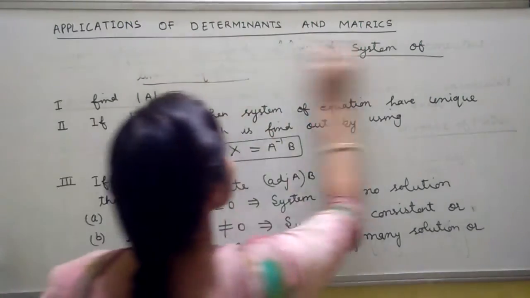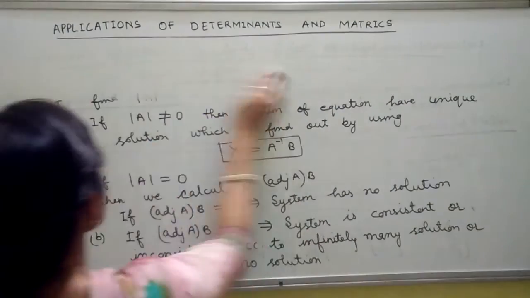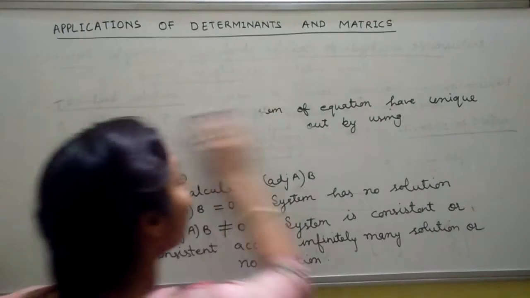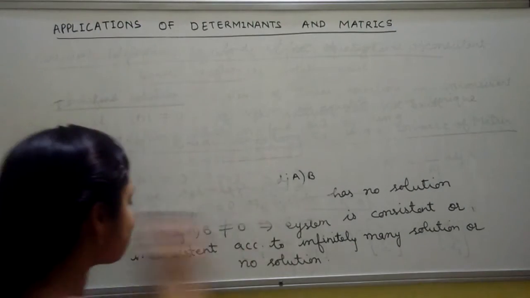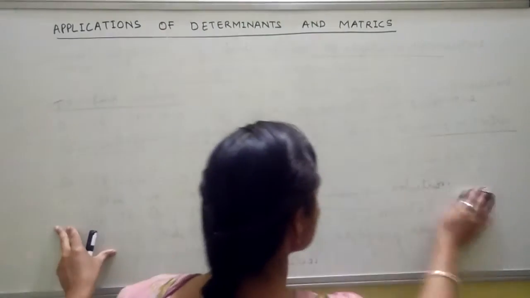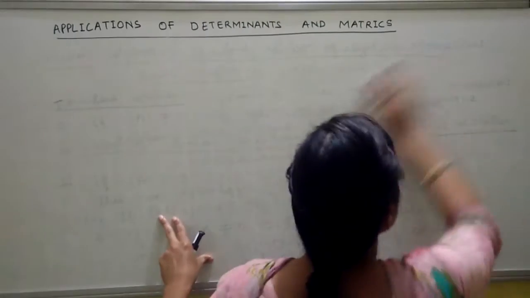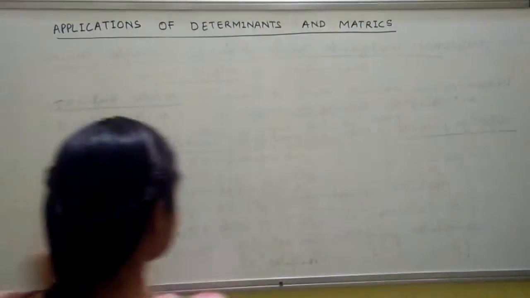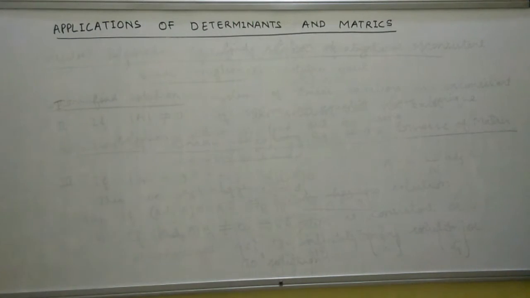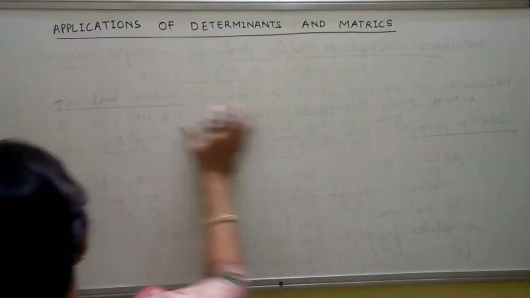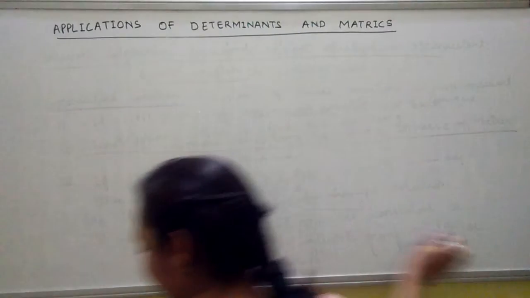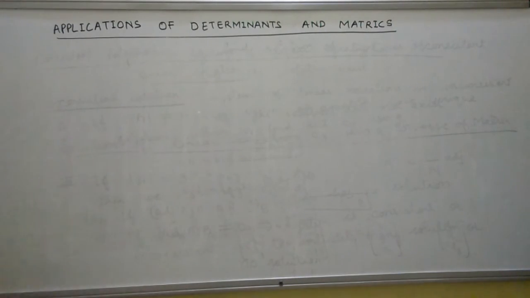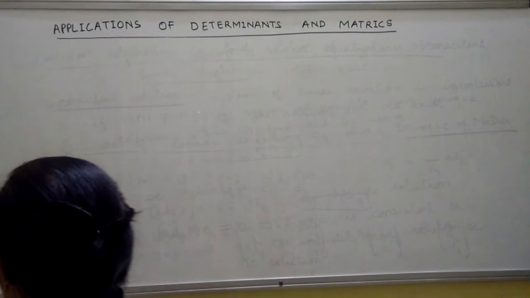We will find out the solution of the equations by using matrix method. What is matrix method? That is AX is equals to B. This is matrix method. There is one question in your NCERT. I will do that question for your convenience. What is that question?